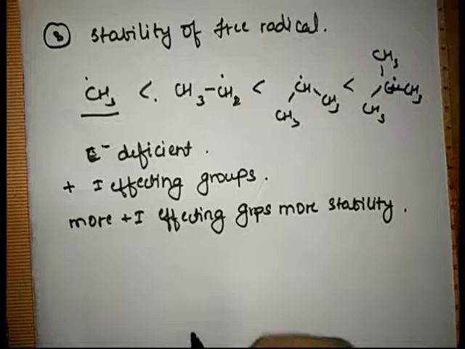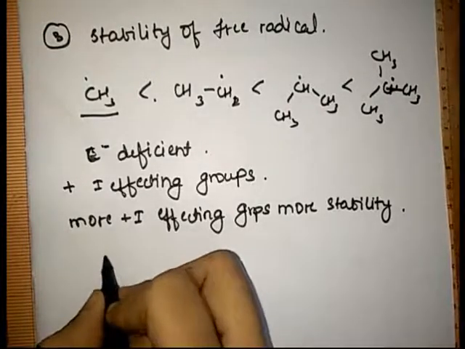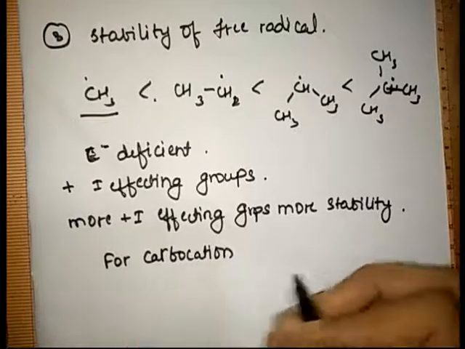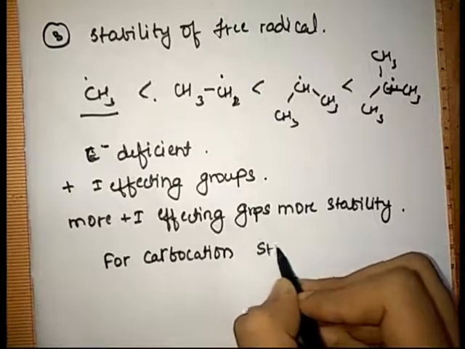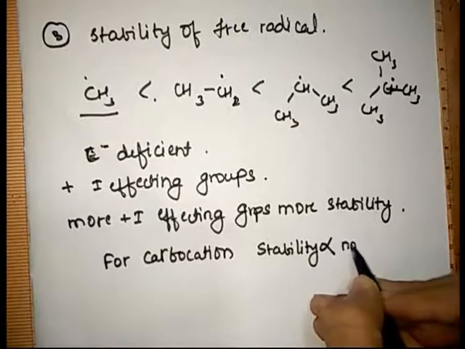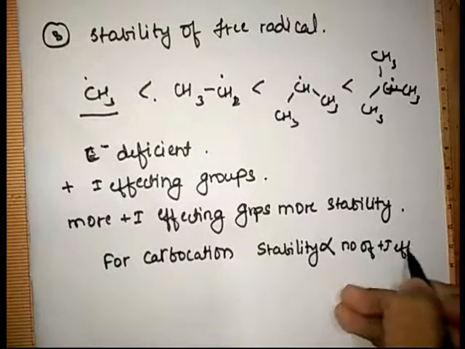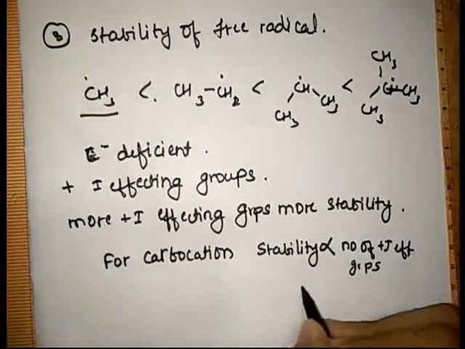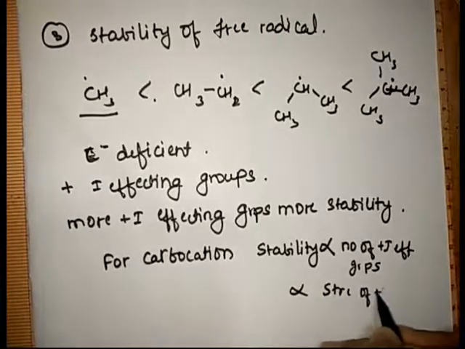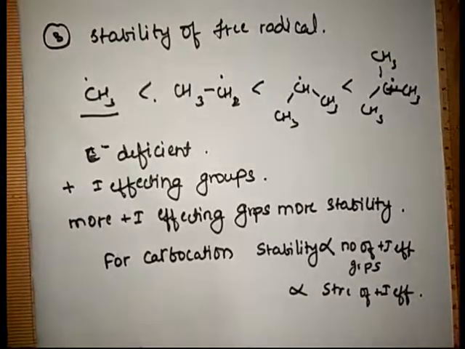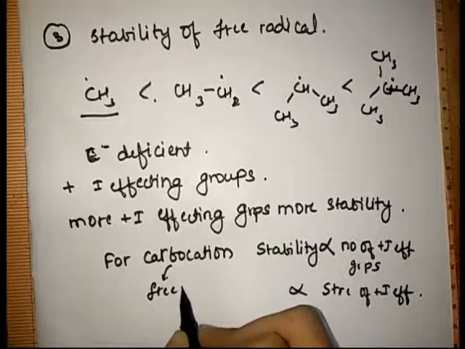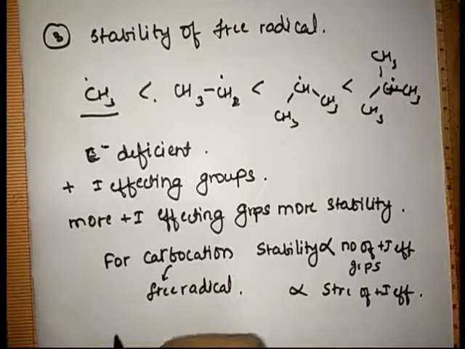In general, if we formulate it for carbocation, stability is directly proportional to the number of plus I affecting groups and directly proportional to the strength of plus I affecting groups. For free radical as well, the carbocation condition is applicable.